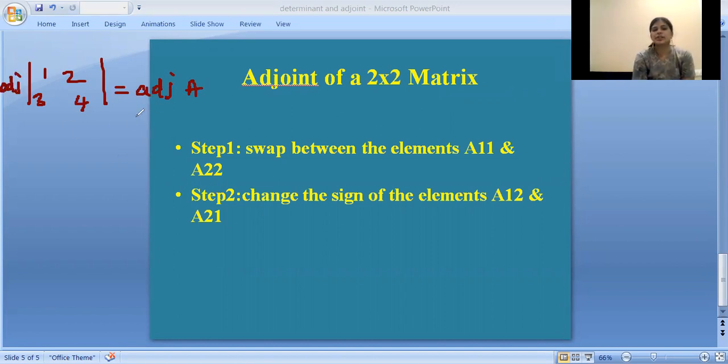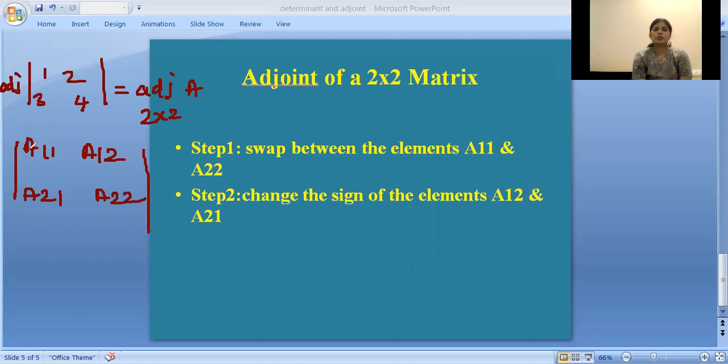For finding the adjoint of a 2 cross 2 matrix, you have to perform two steps. Step 1 is to swap the elements A11 and A22, and then change the sign of the elements A12 and A21. This is how we name the positions of the elements A11, A12 and A21, A22.